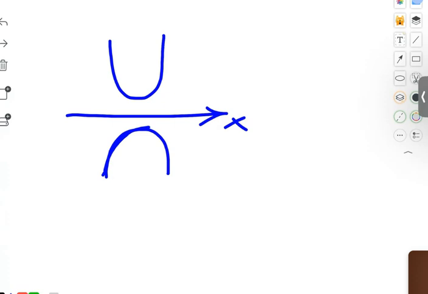For each of these curves, what are the boundary conditions and all that? We're going to start from the circle. Shall we begin?